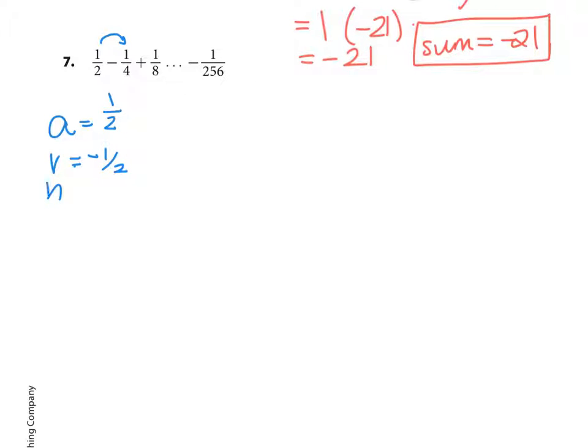And then n, now that's the part that we don't have. We don't know how many terms there are, because if you notice, you've got ... here. So to figure that out, we may just have to use our calculator to keep calculating what the next one will be.